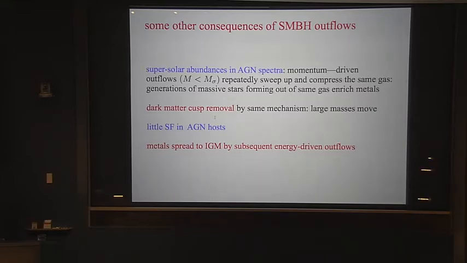Some of the other interesting things that these outflows can do for you, which are not incorporated in the model but are consequential for the observations, is that we see supersolar abundances in AGN spectra. I said this is episodic, so you need a lot of mixing.